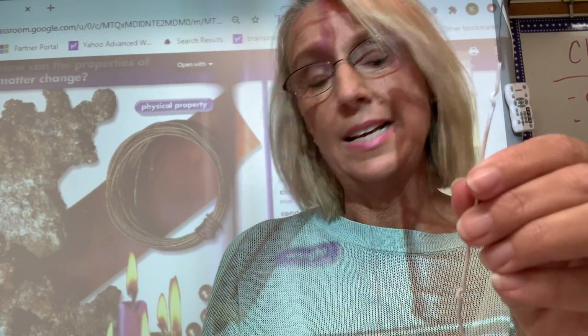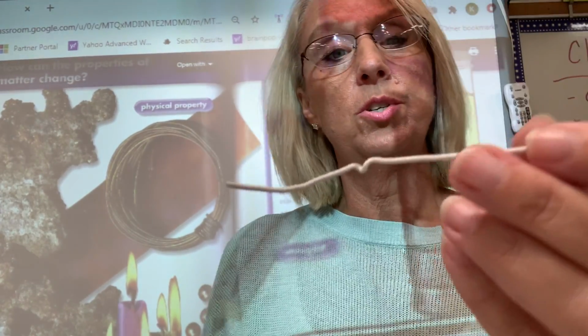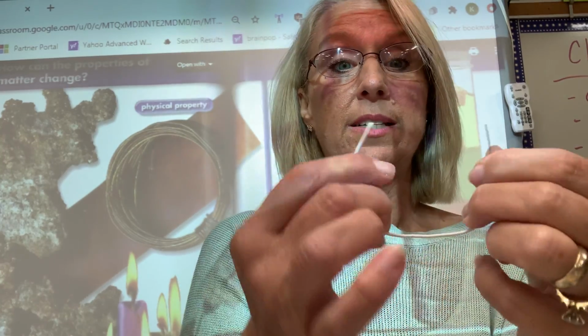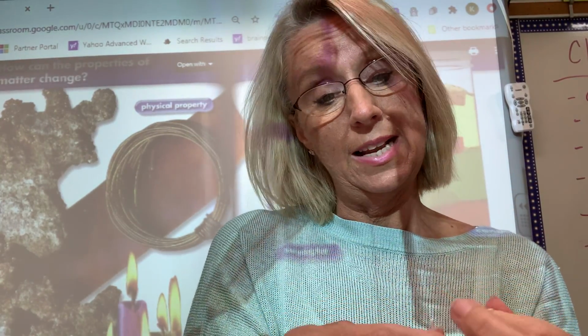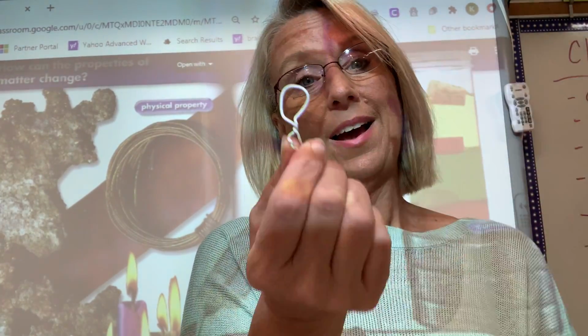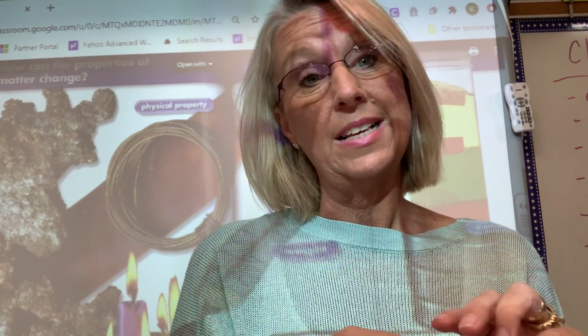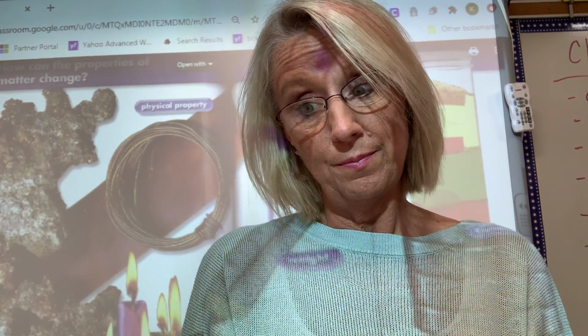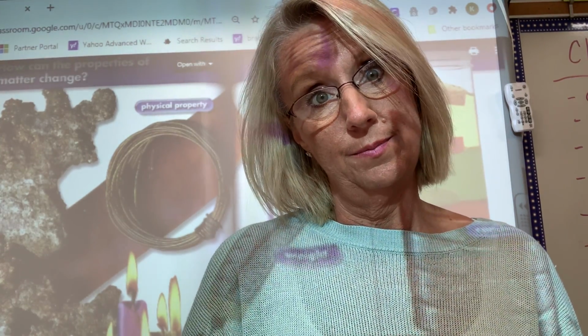It is exactly what you are looking at. How would you describe it? I would say that it's bendable or malleable, which means that it can take on multiple shapes depending on how you twist it. So, physical property: it can be seen, and it's how you would describe it.